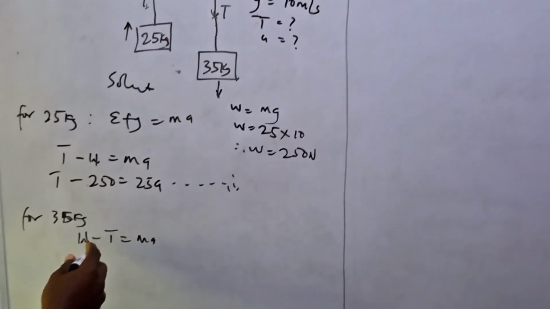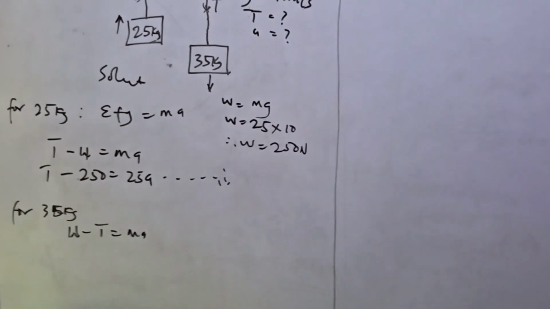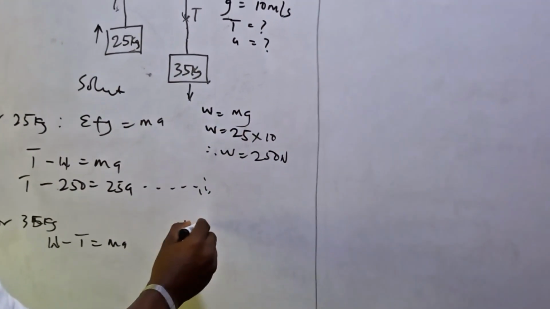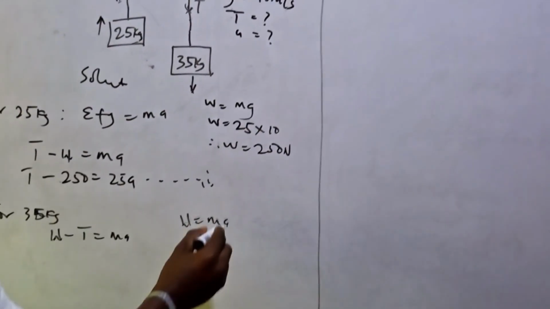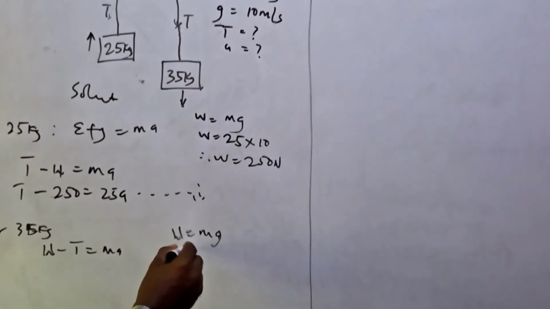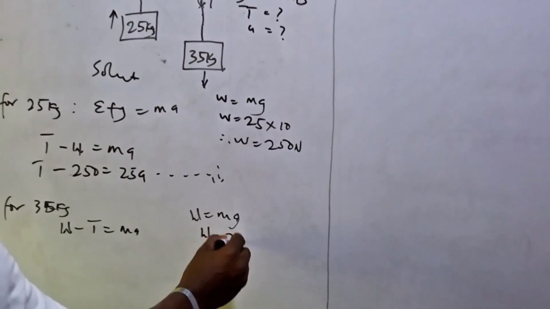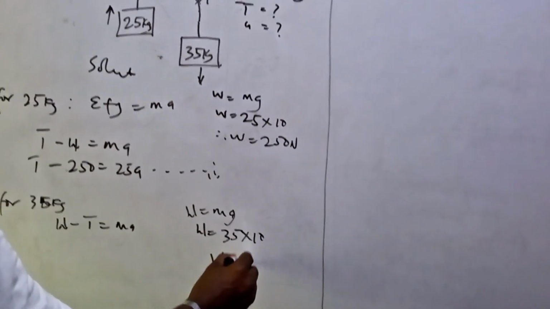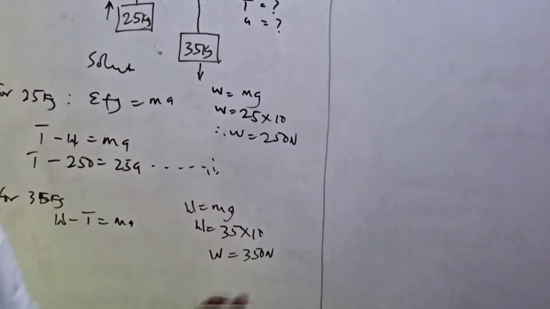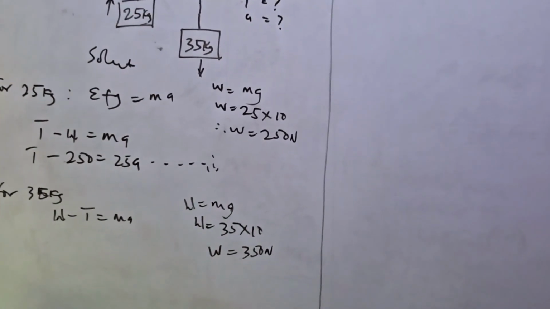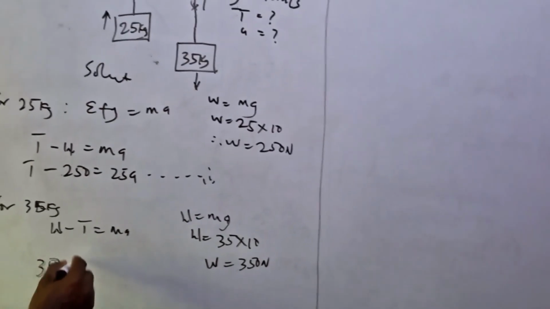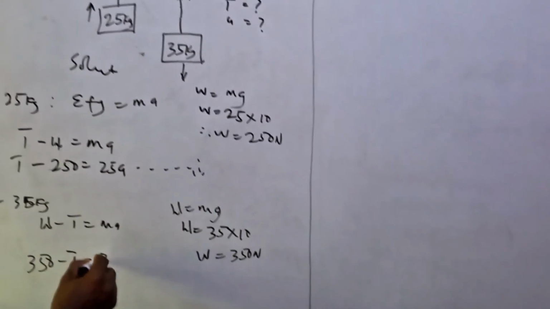Now, W minus T equals ma. Weight is mass times acceleration due to gravity, so the weight will be 35 times 10, which is 350 Newton. Therefore, 350 minus T equals 35a.